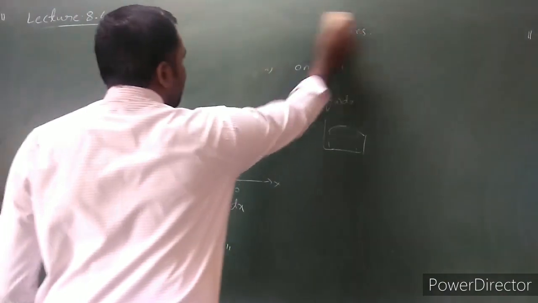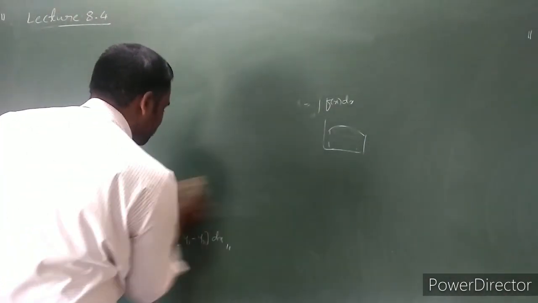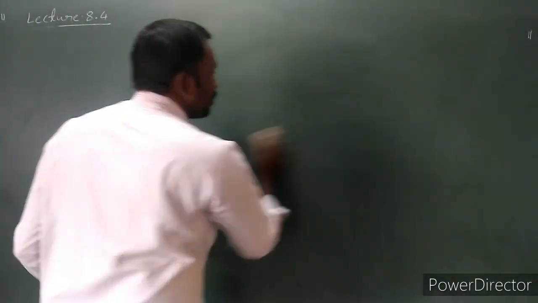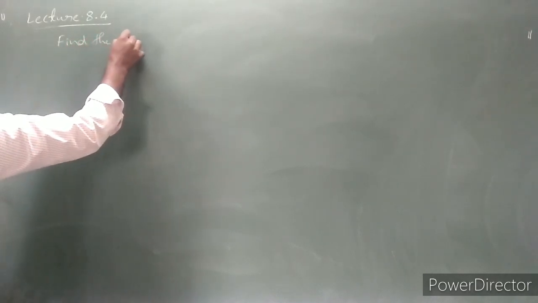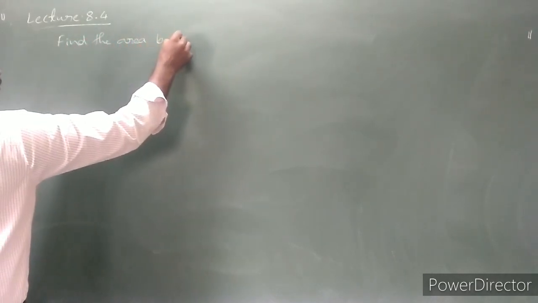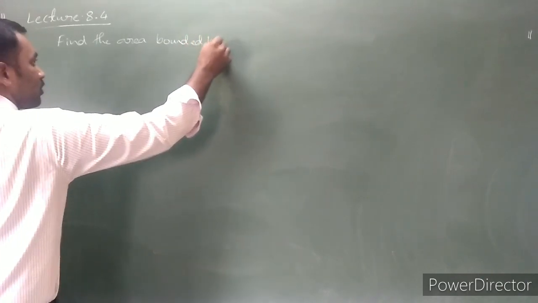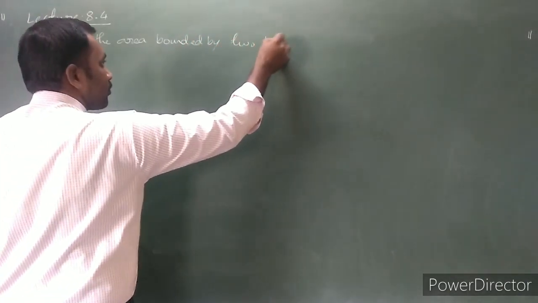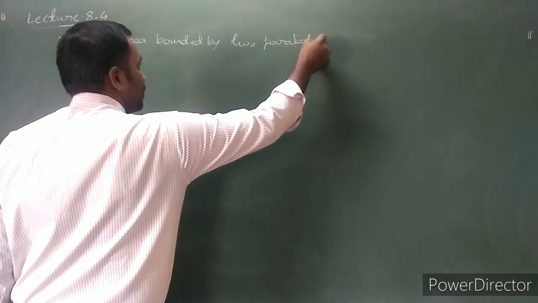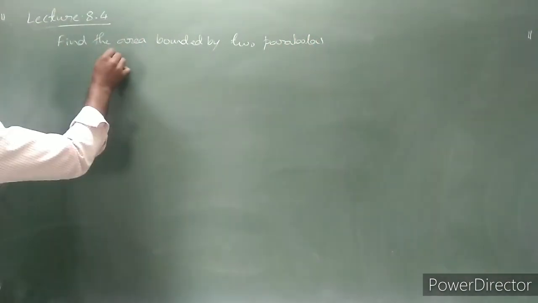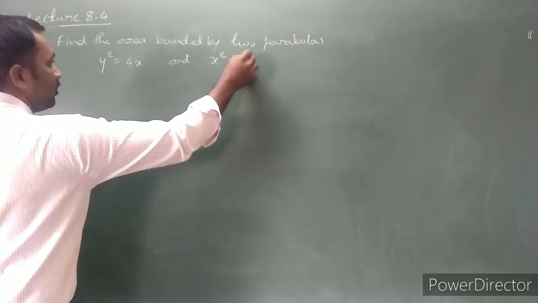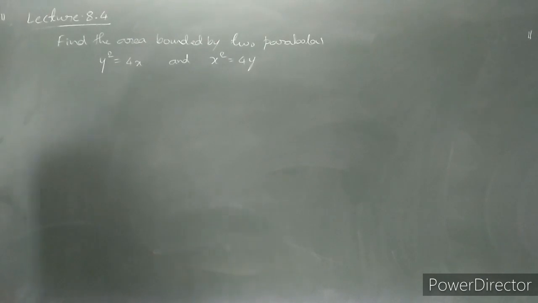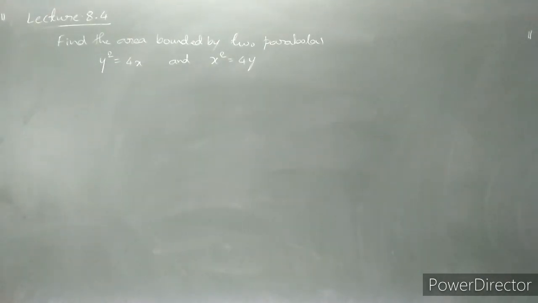Take an example. Find the area bounded by the two parabolas y square is equal to 4x and x square is equal to 4y.